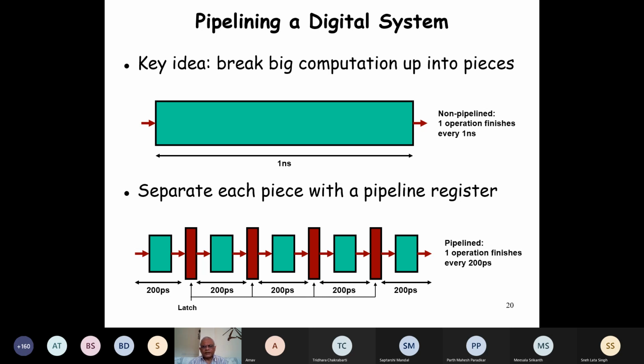But to pipeline it, we'll split it up into 200 picosecond units, or 100 picosecond units, 10 of them, or 5 units. And then we need this extra little bit of hardware, which is basically a latch or a buffer.